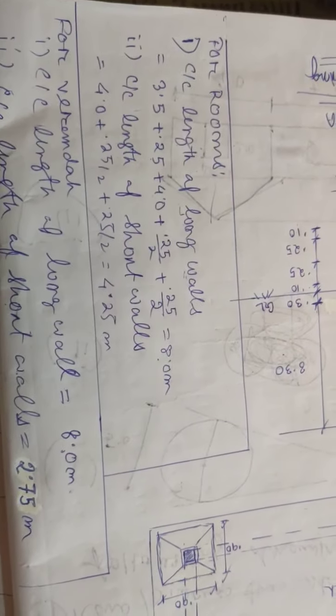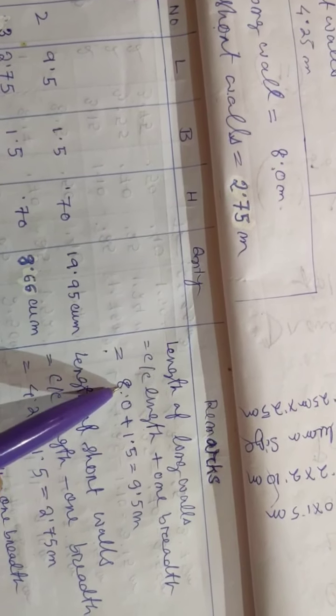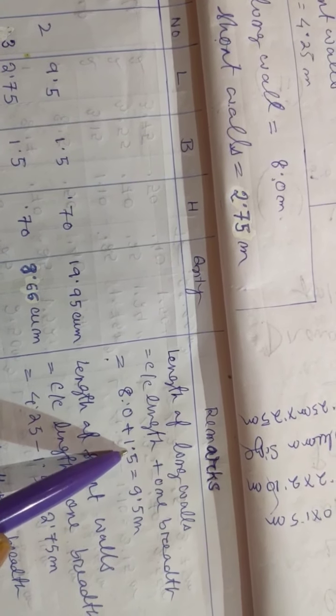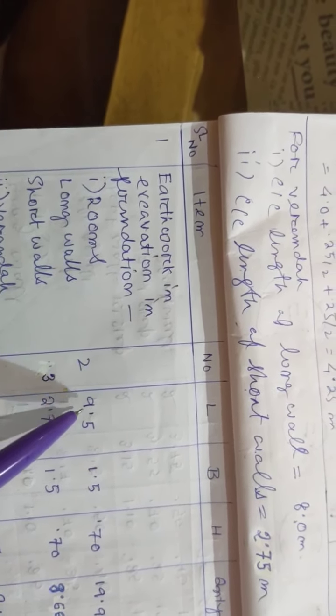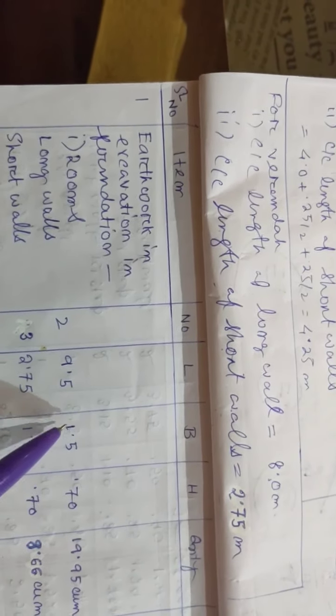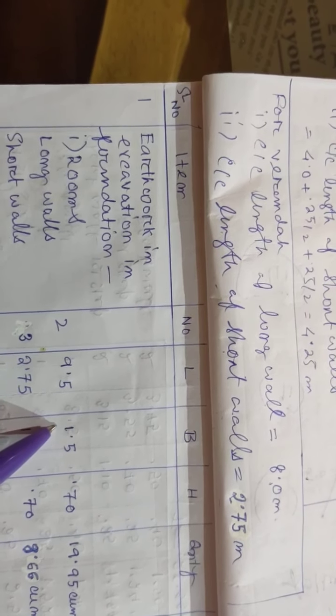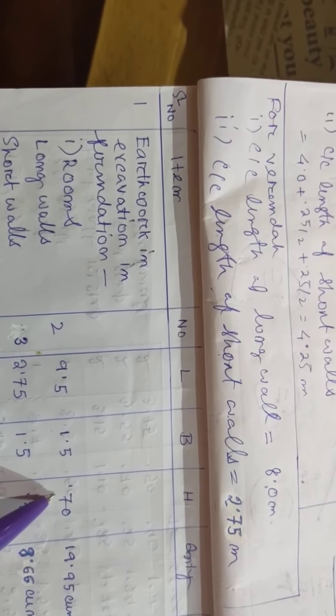So let us come here. Center to center length plus 1 breadth. Center to center length we have already found out to be 8 meters. So 8 plus 1.5 is 9.5. So number of long wall is 2, length is 9.5, breadth is 1.5, and the height.